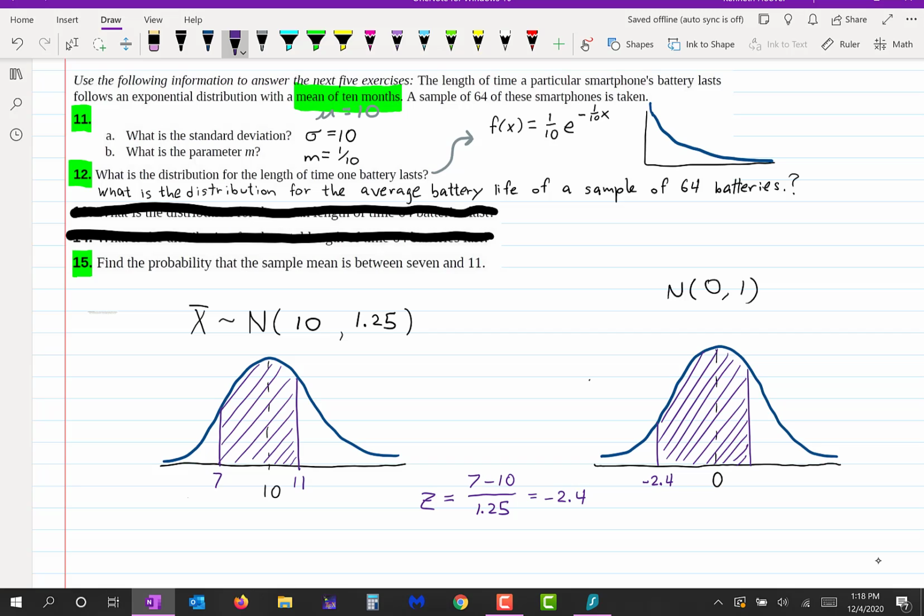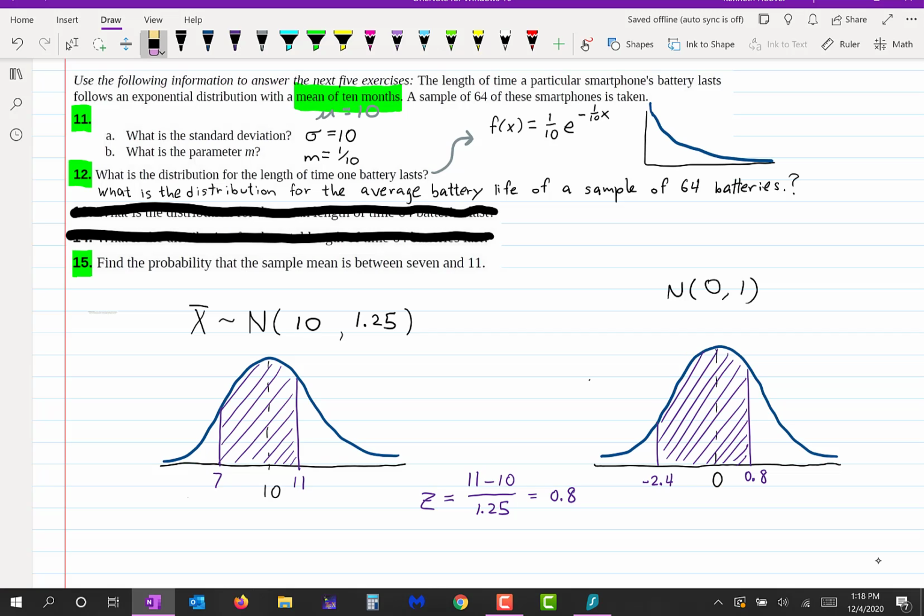Okay, now let's find the z-score for 11. 11 minus 10 divided by 1.25, and that equals 0.8. So that's this number here.